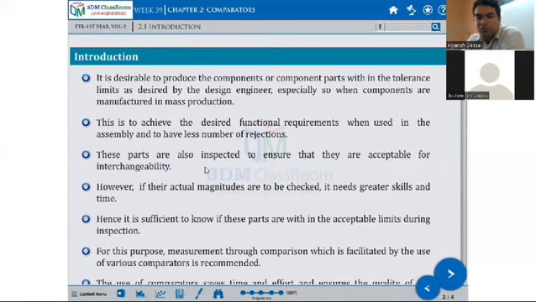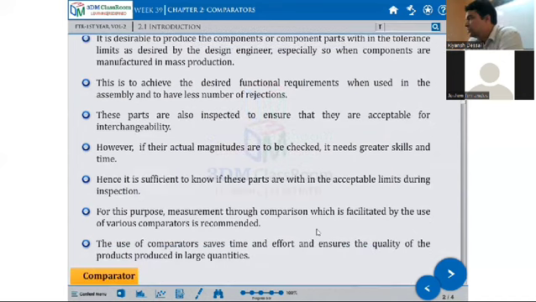These parts are also inspected to ensure that they are acceptable for interchange. However, if their actual magnitudes are to be checked, it needs greater skill and time. Hence, it is sufficient to know if these parts are within the acceptable limits during the inspection.